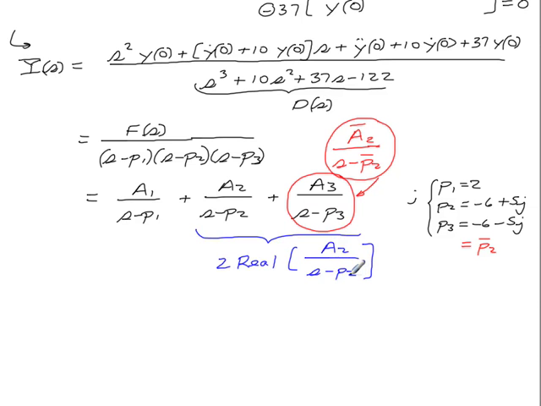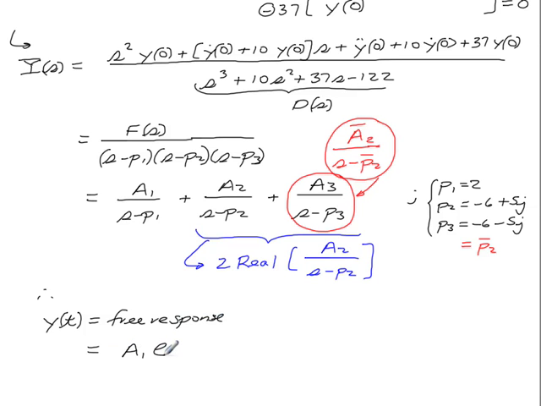Again, that's only by virtue of adding together two complex conjugates to get twice the real part. So we're in a position, therefore, of knowing the free response: we do the inverse Laplace of each one.